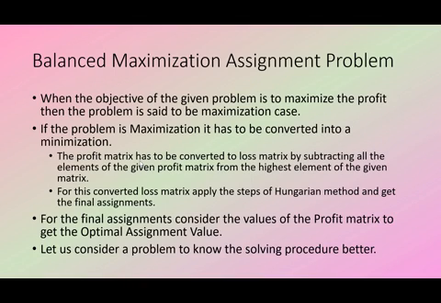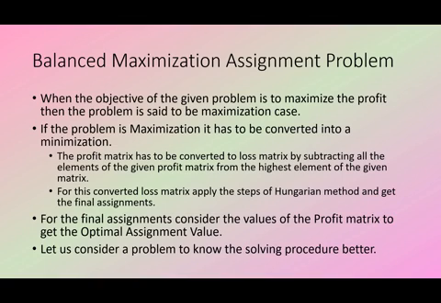The profit matrix has to be converted to a loss matrix by subtracting all the elements of the given profit matrix from the highest element of the given matrix. So what does this mean?